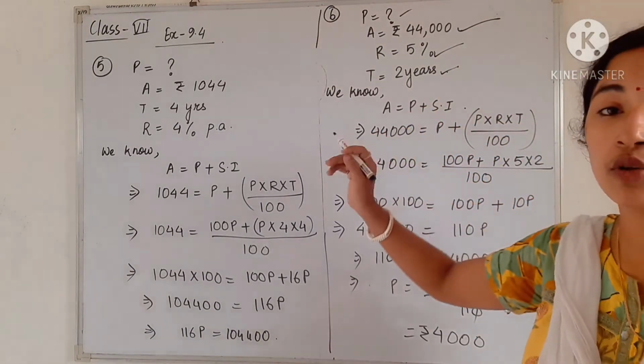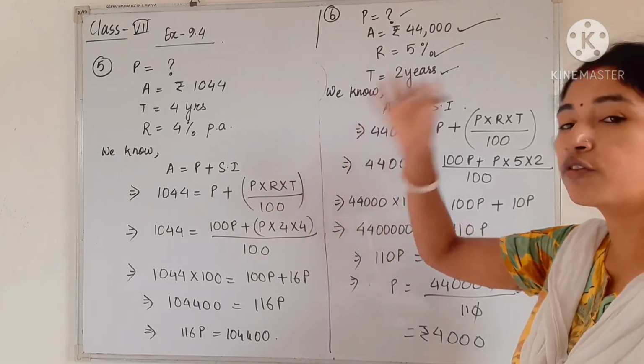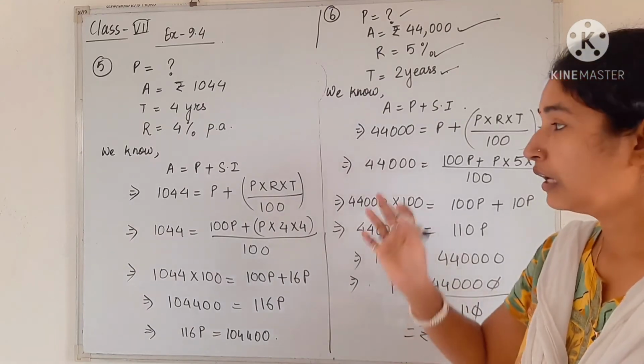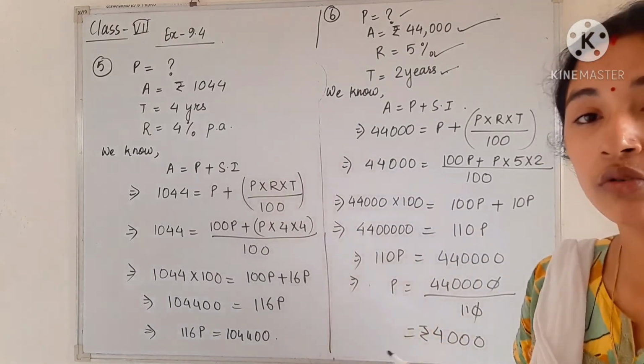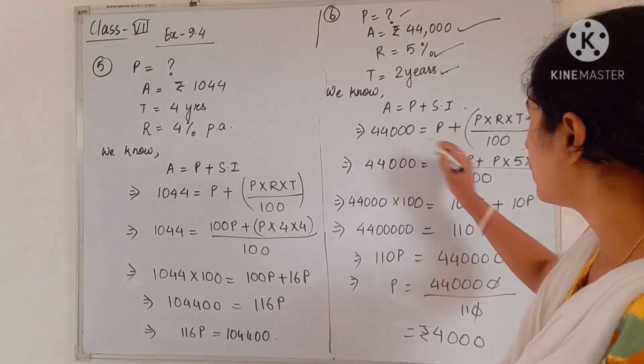So again we have to use the same formula, that is amount is equal to P plus SI, because here also if we use the formula of simple interest is equal to P into R into T by 100, then there will be 2 unknowns and we cannot find the value of 2 unknowns in an equation. It will not be possible. So here we are using this formula.